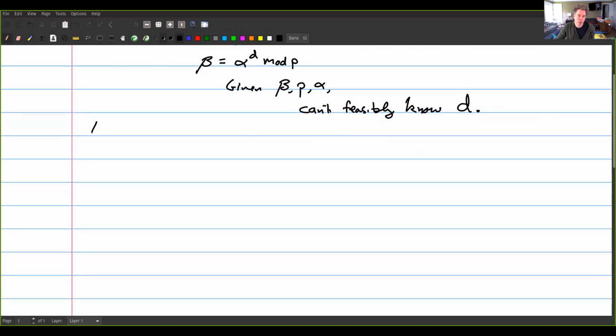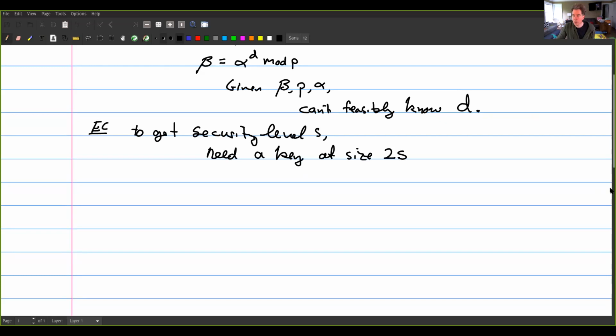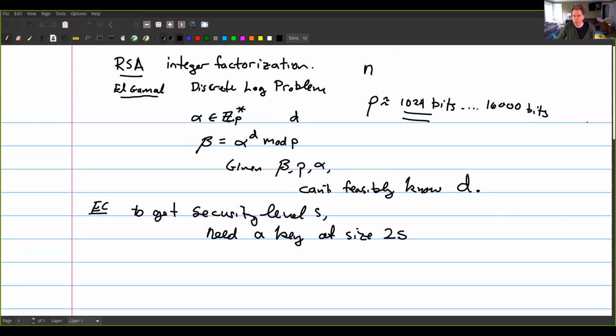With the elliptic curve public key signatures and encryption and decryption schemes, to get security level S, you need a key of size 2S. That's much better than in this other setting that uses ZP star. So now instead of 1024-bit keys, we just need 256-bit keys.